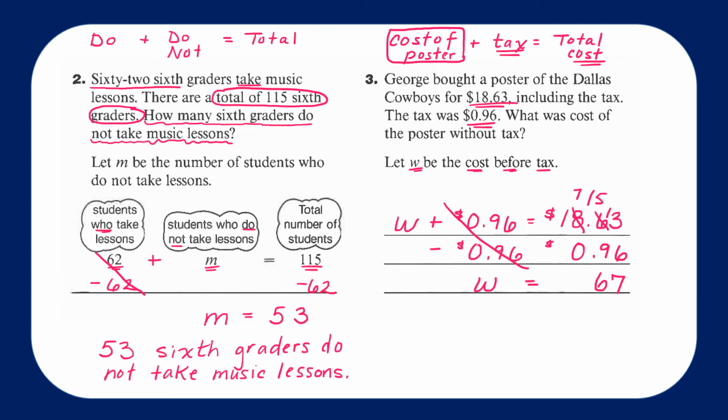Bring down the decimal point. 7 take away 0 is 7. And 1 take away nothing is 1. So the original cost before tax, the poster cost $17.67.